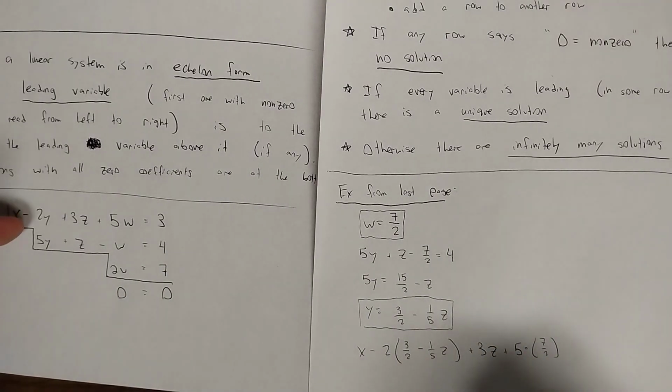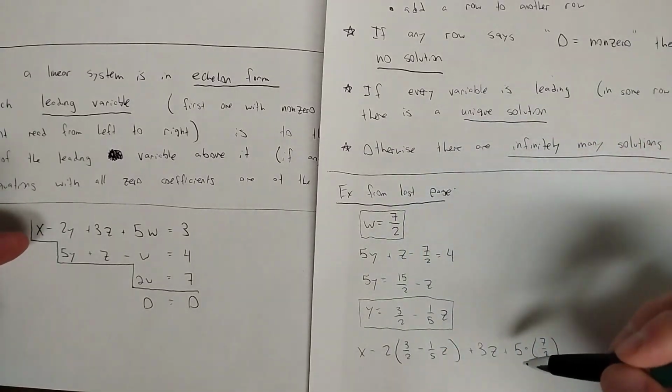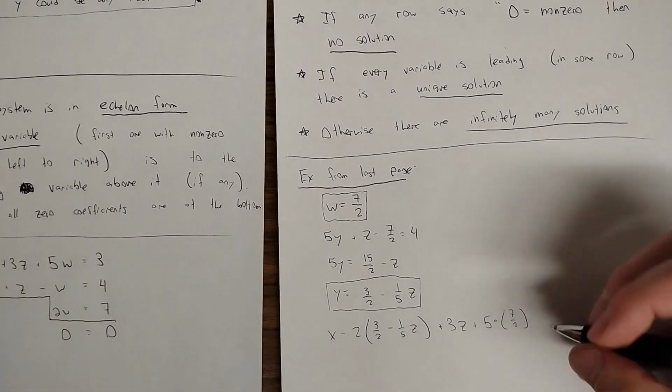So I'm just taking this first equation and I'm plugging in what I know about W and Y, and I don't know anything about Z. Z could be anything, so I just leave Z as Z. Oh, and that equals 3.